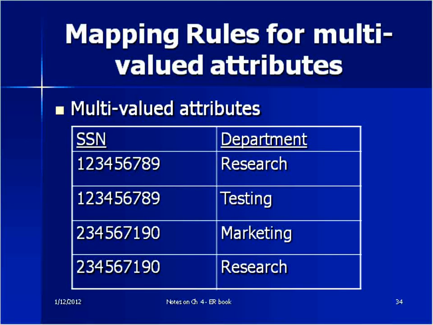So for example, department was multi-valued in that employee ER diagram that you saw a few slides back, so department becomes its own column. We take the primary key of employee, which is SSN, and add it to department, and we underline both, so both SSN and department become the primary key. This is how we map the multi-valued attribute department. And department does not show up in the original employee table.